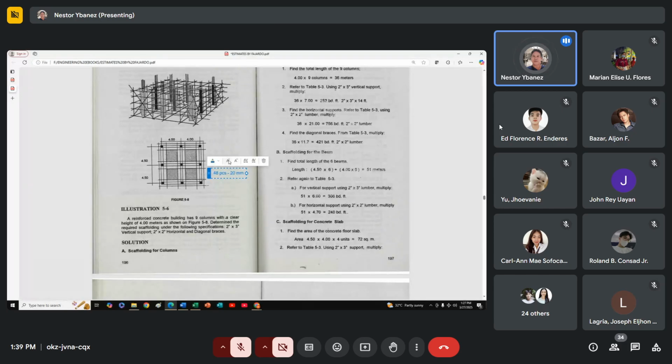Some answered 40 pieces, 20 millimeters, or 30 millimeters, so correct it to 28 or 48 pieces. But what about the length, it could be 6, 9, 12, or whatever and so on. That is not correct. And mark that wrong.